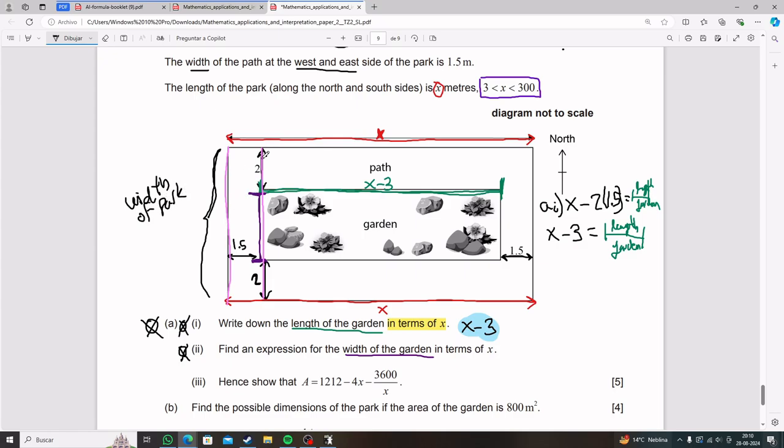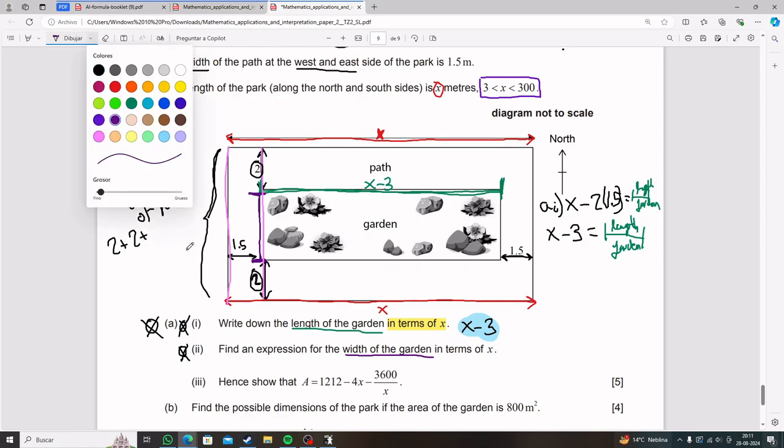Technically, the width of the park is going to be 2 plus purple, plus 2. And so the width of the park, we now know, is 2 plus 2 plus the width of the garden, which is the purple line.